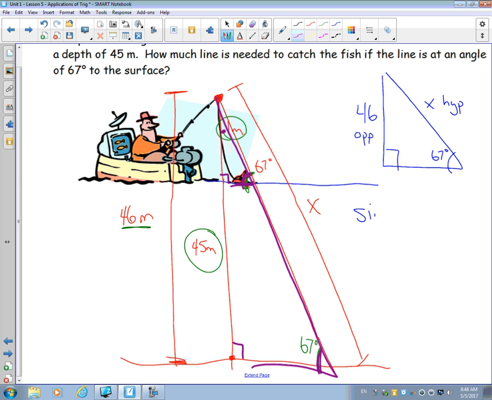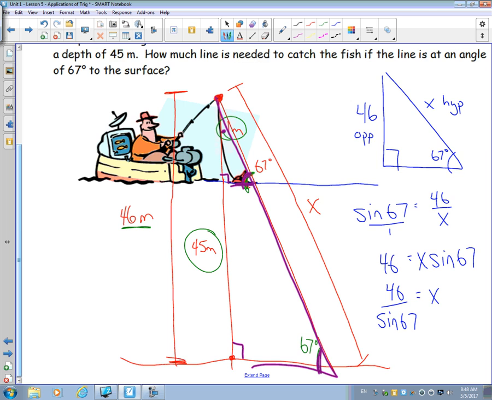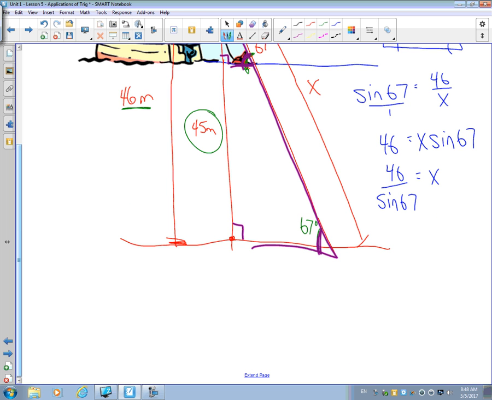So the sine of our angle equals the opposite over the hypotenuse. We solve these by cross multiplying. 1 times 46 is 46. X times sine 67, x sine 67. I want to get x by itself, so I divide out the sine 67. I'm going to put that all into my calculator. Hopefully we get an answer kind of like 50.